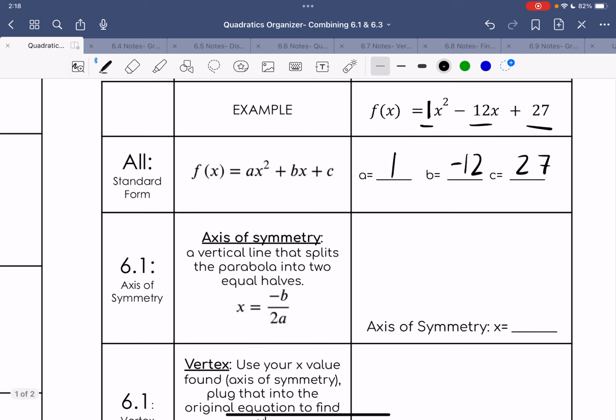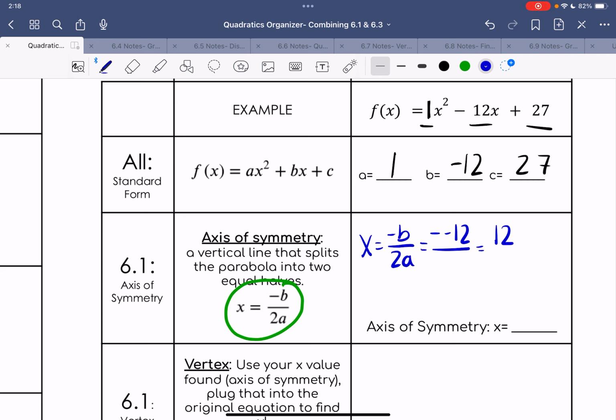For all of these problems, how we find our axis of symmetry is using this formula, negative B over 2A. So I'm going to go ahead and plug in my B and A values here. So x equals negative B over 2A. My B value is negative 12, so that's going to be negative 12 on the top, which is going to end up being positive 12.